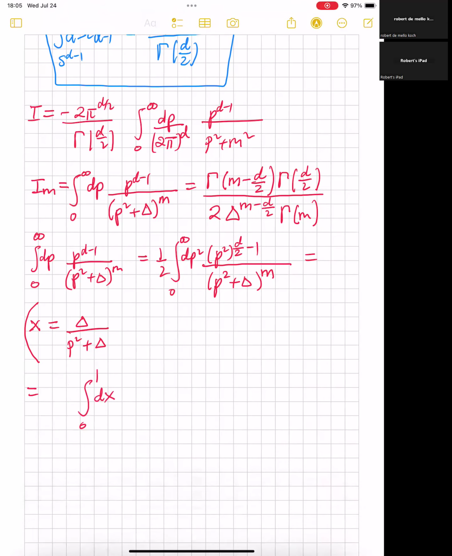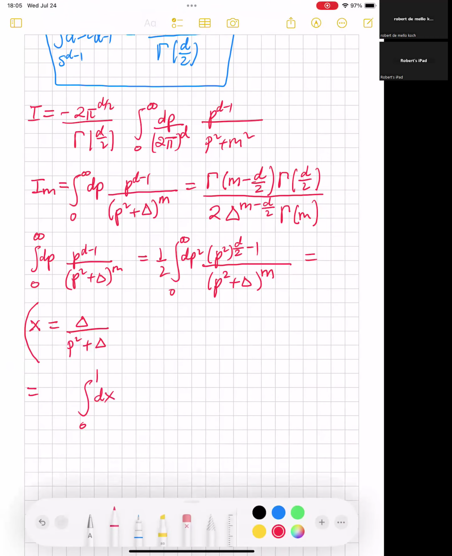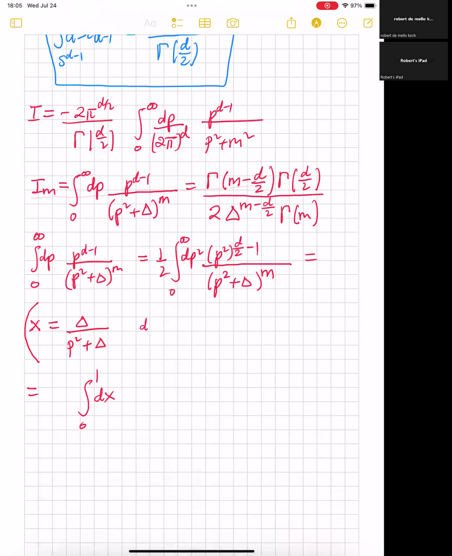Next, if I have this for x, then what is dx equal to? Well, dx will be equal to minus delta over (p squared plus delta) squared dp squared. That's good. That's the dp squared I want. But this can be written as, so what is this? This is like x squared over delta with a minus and a dp squared.